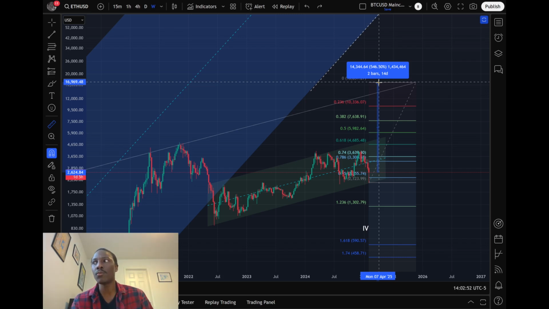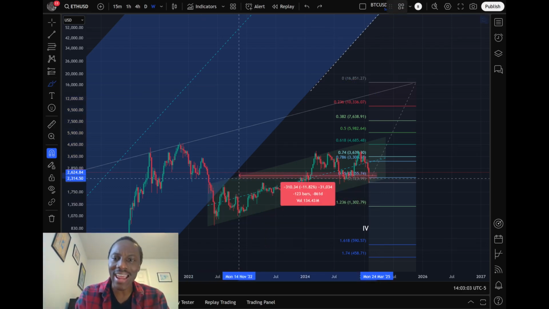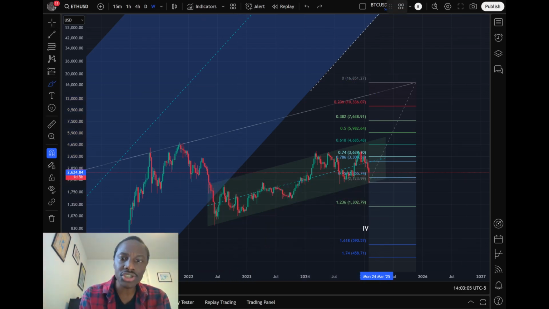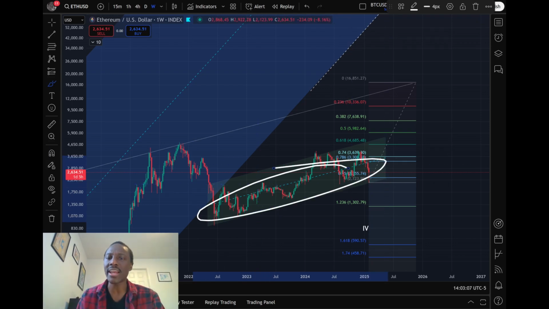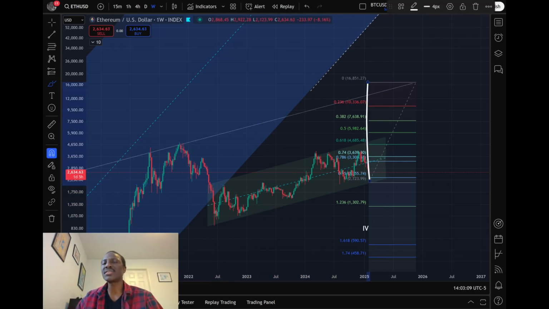It's hard to predict exactly when these things are going to happen, but when it comes, it's quite clear in the charts. But it's quite literally taken 1,000 days of accumulation, 1,000 days of consolidation for this move to play out. What happens after this move?